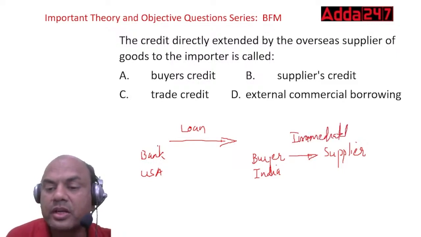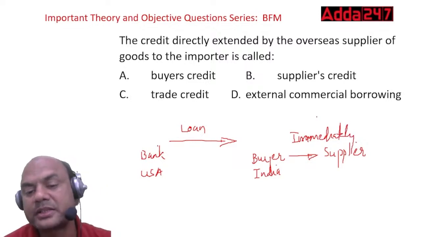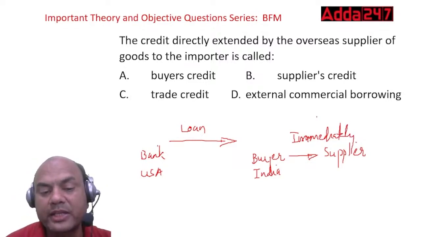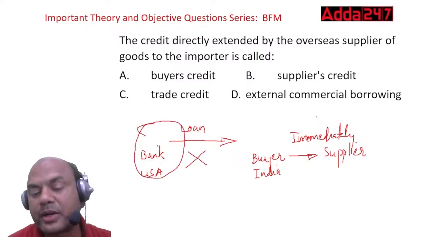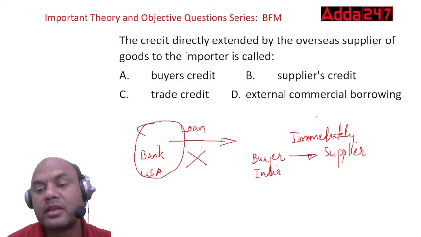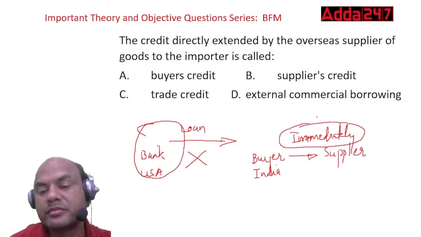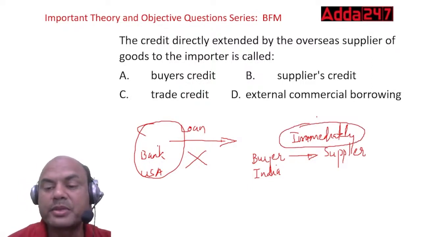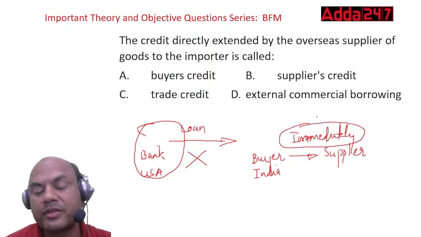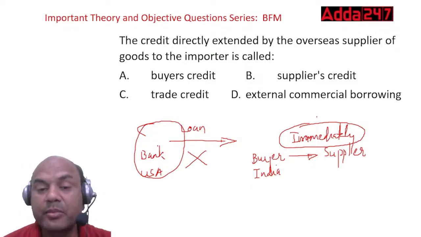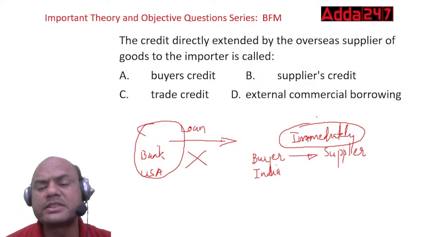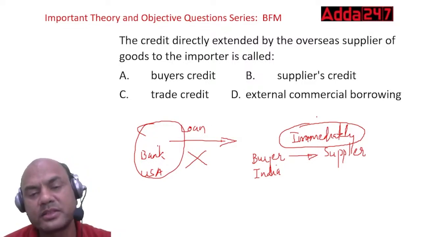Now the difference between supplier's credit and buyer's credit is, here this bank is not giving the loan, so this is not there. Only this part is there. So here what will happen? This immediate payment will not be there. So this supplier will be supplying to this buyer with a credit period. Credit period means the supplier will be supplying for, let's say, 2 months, 3 months duration.